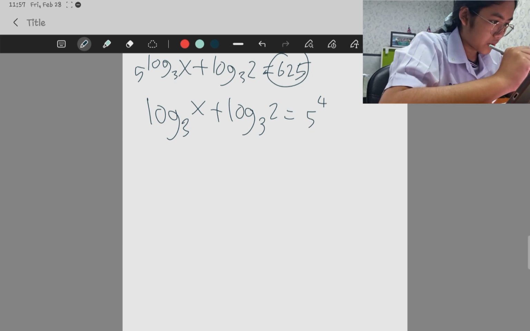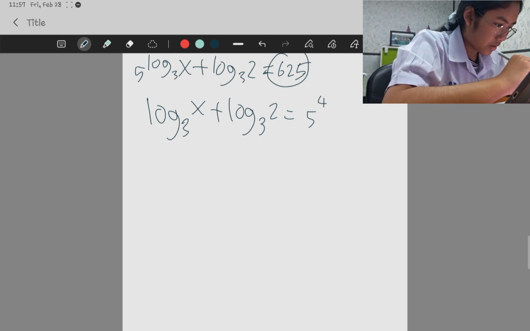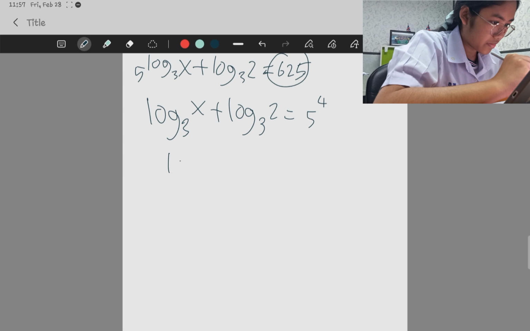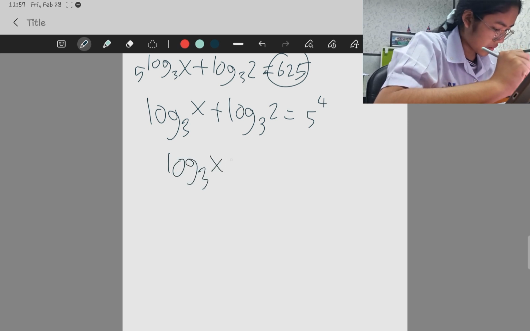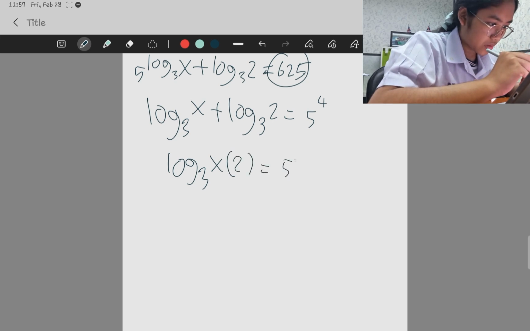And then when log plus log, it is like multiply, so we put log base 3 of x times 2 equals 5 to the power of 4.